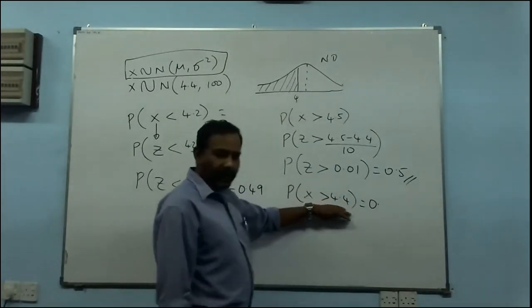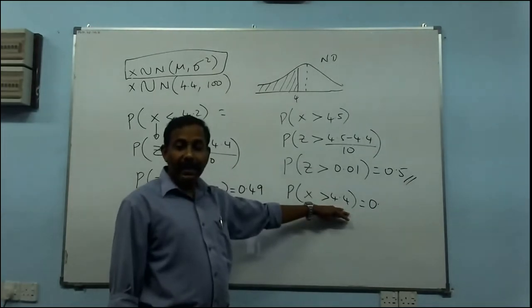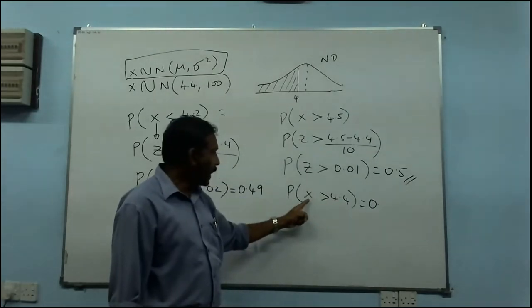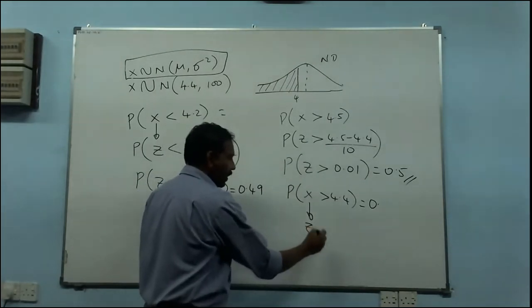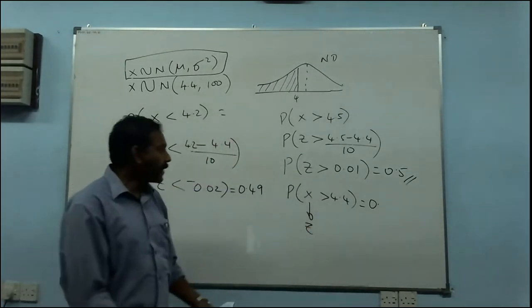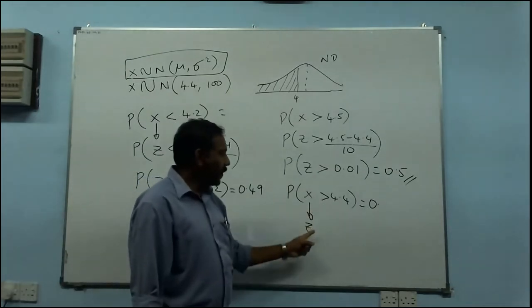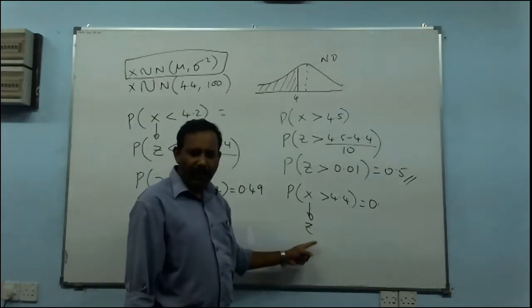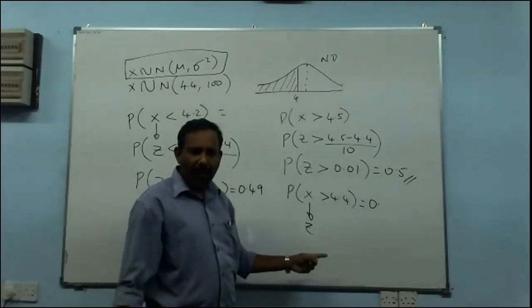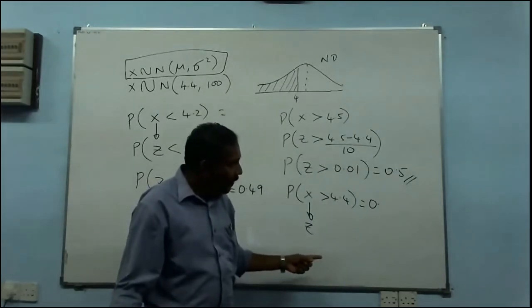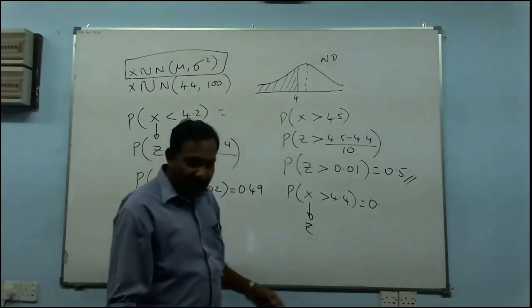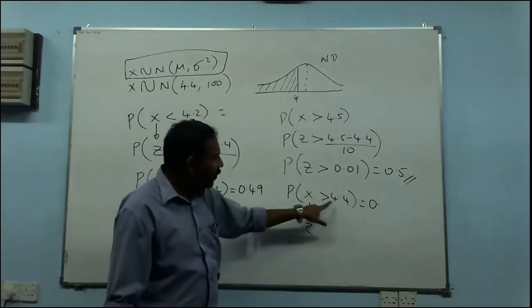I'm asking whether, first of all, do we need a conversion? Do you need to do a conversion here to Z in this example? Yes or no? No. Do we need a conversion here to find out this value?